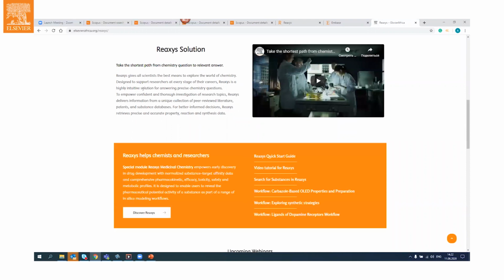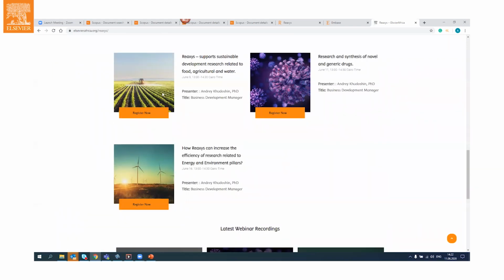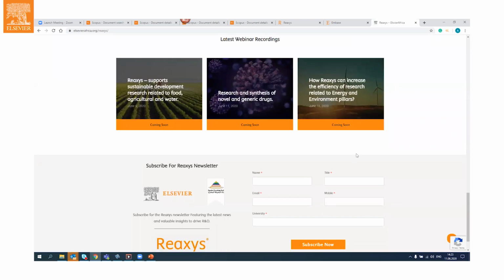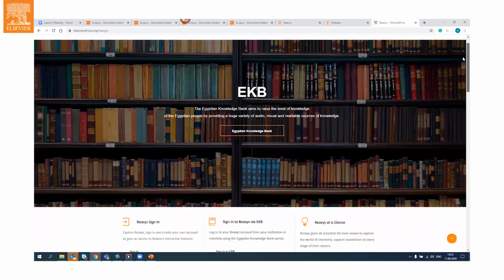So we have introduction, description, some video, and here you can find a quick user guide, video tutorials, and several workflows related to Reaxys, to search substance, to synthesize substance, and to work with medicinal chemistry, like ligands of dopamine receptors. And also here you see the announcement of the webinars, and I hope soon, by this link you would be able to access the recording of the Reaxys webinar.